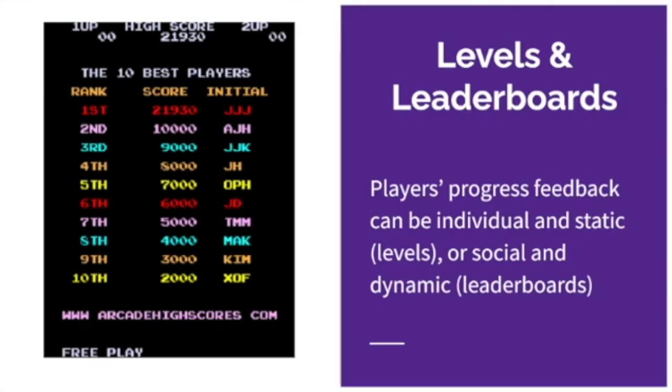I'll say that I don't think the social comparison and dynamic rankings of a typical leaderboard design are a great way to give learning feedback, except for a very particular type of highly competitive student. So, how else could we think about delivering that feedback beyond simply moving students up a grade each year, which is largely automatic at this point in most places and isn't really seen as meaningful progress feedback either?